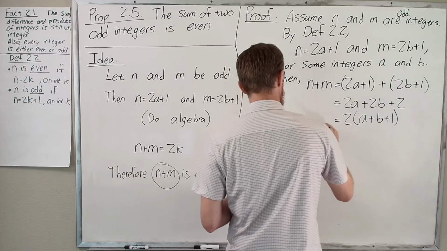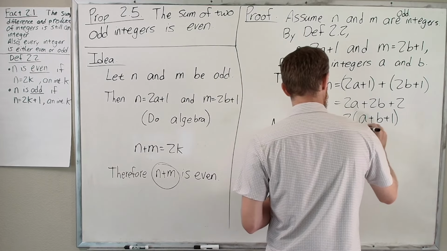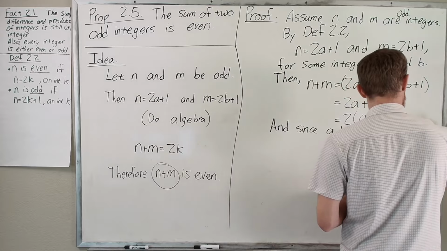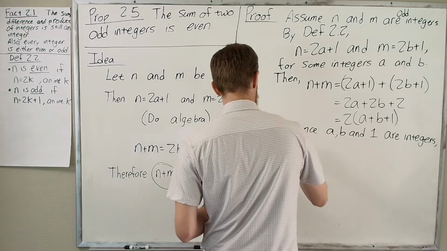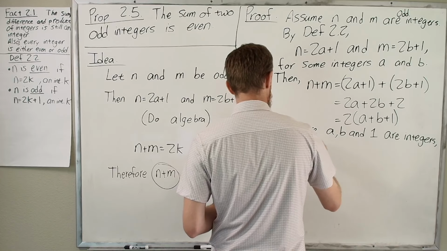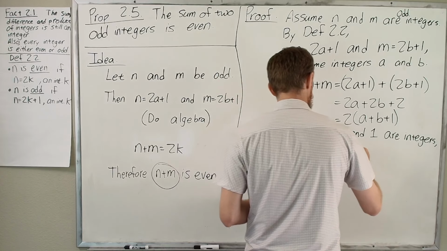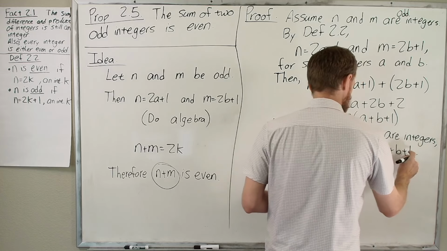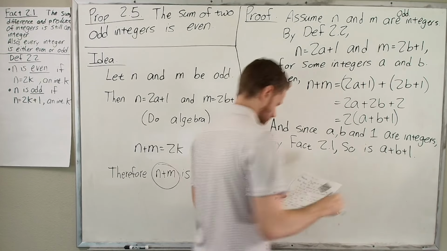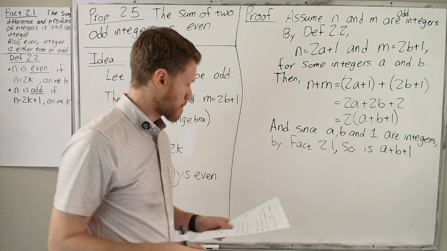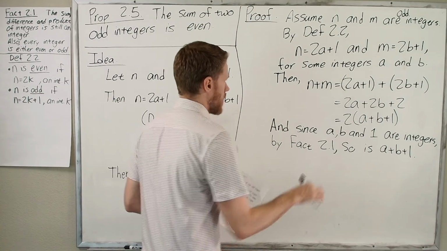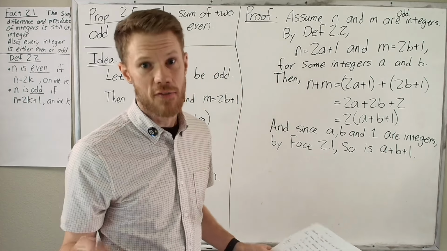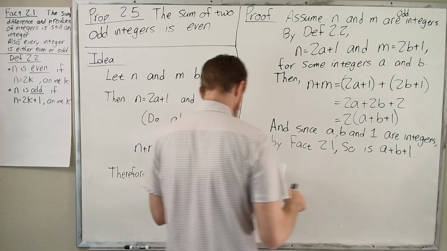And since a, b, and 1 are integers, by fact 2.1, so is a plus b plus 1. Okay, so there you go. And that's great, because we've now shown that n plus m is 2 times a thing, and whatever that thing is, it's definitely an integer. That's what we just justified.